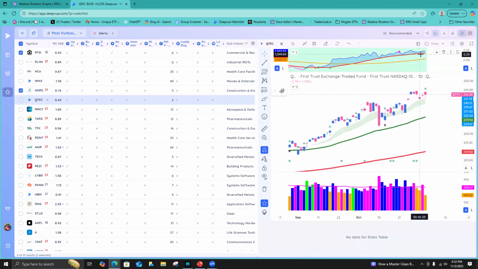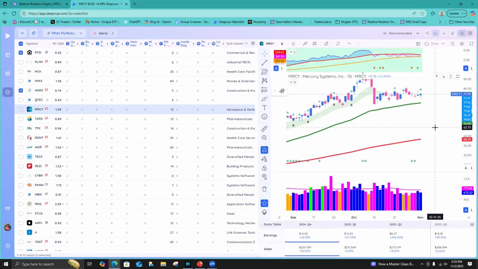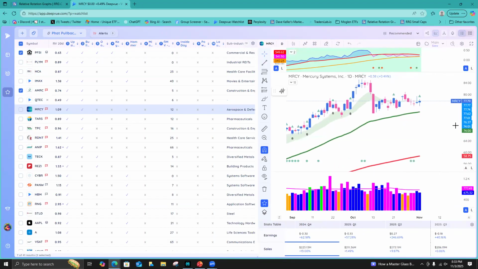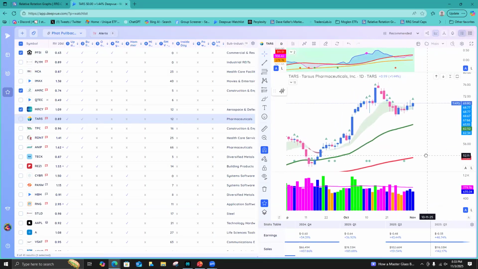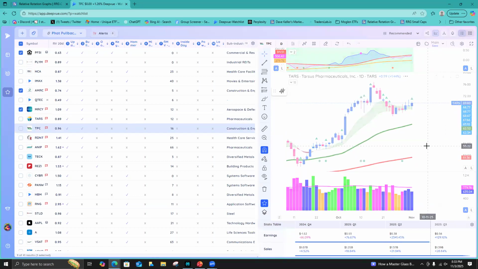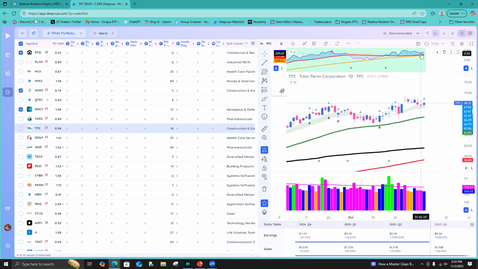QTech, beautiful relative strength, beautiful low volume, but not enough of a pullback for me. Mercy, okay, so that's definitely going on the list because we're seeing the space plays setting up. Nice spacing going on there with low volume. TARS, no. TPC, look at that relative strength, man.